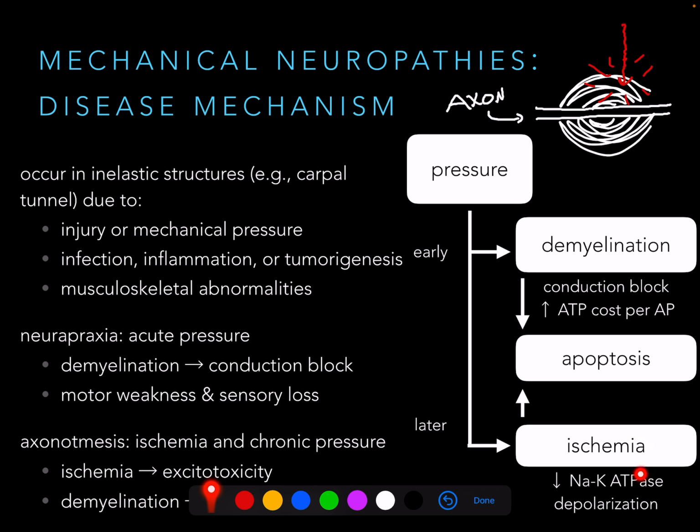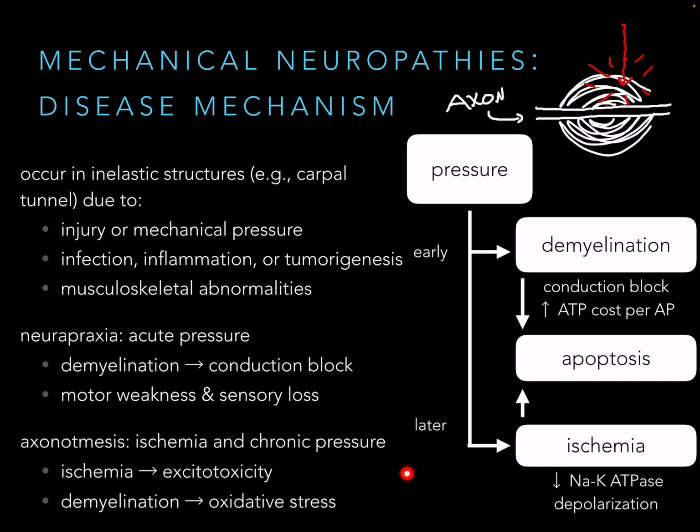But the ischemia itself can then lead to apoptosis. So as the pressure increases, not only are we pushing on myelin, but we can also push on blood vessels. If we decrease blood flow, obviously those neurons aren't going to be able to pay the bill, and so that depolarization will then lead to excitotoxicity.